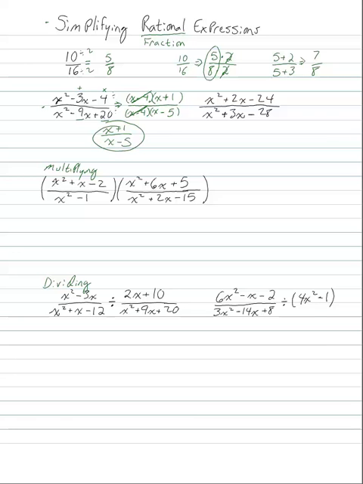Okay, let's try it with the next one. So say I have something like x squared plus 2x minus 24 over x squared plus 3x minus 28. I'm going to start off by, again, just factoring. So I will have a quadratic, 2 parentheses, x and x, things that multiply to minus 24 and add to plus 2.